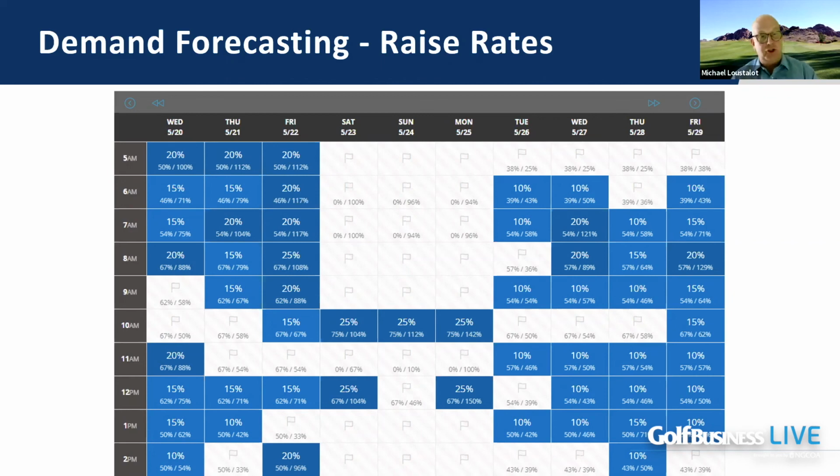That's what you're really good at, right? That's what the facility manager, that's what the operator's really good at. Let me think about this for a second. We bring to your fingertips all of your historical rates by the different rate categories, okay?